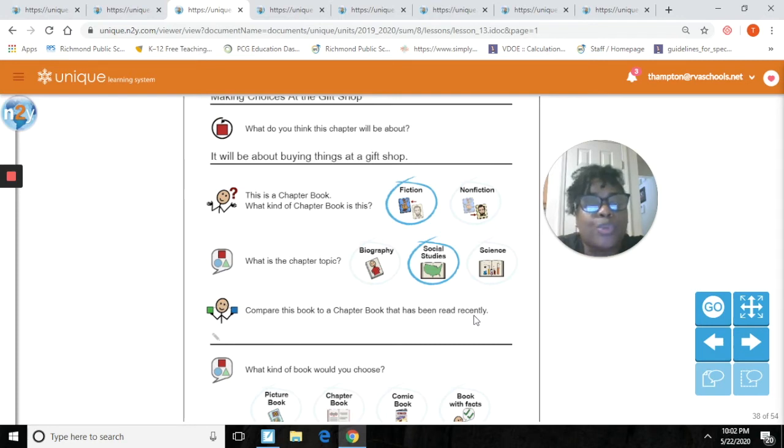Then you can take the time, on your notebook paper or notepad or whatever you have handy, to think about a book that you've recently read. Then you can compare it to this book that we're going to read. Although we haven't read it, we have looked at the book cover.